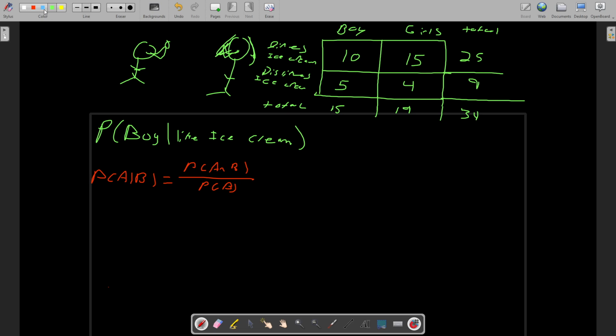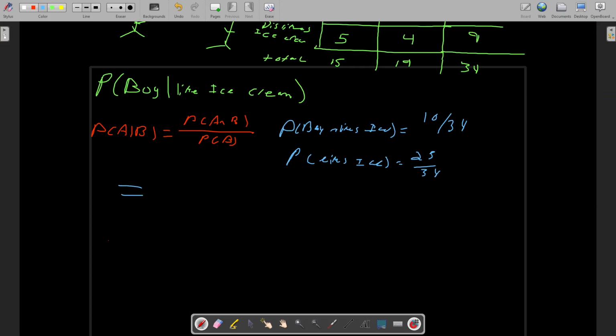So now let's use this in our example. The probability of boy and likes ice cream: there's 10 boys who like ice cream. So that's going to be 10 over our total of 34, because there's 34 people in our sample. And the probability that a person likes ice cream, which is after the given, so that's what's going to be on the denominator, is 25 over 34.